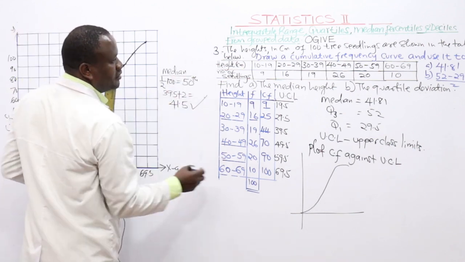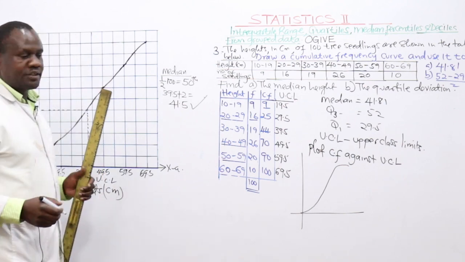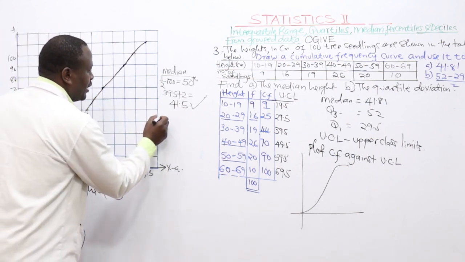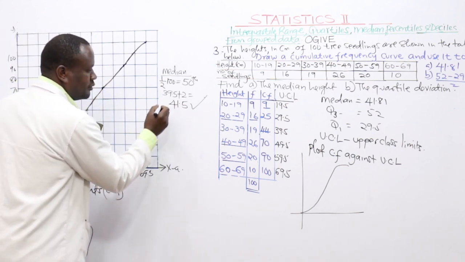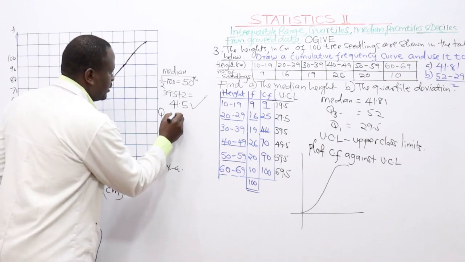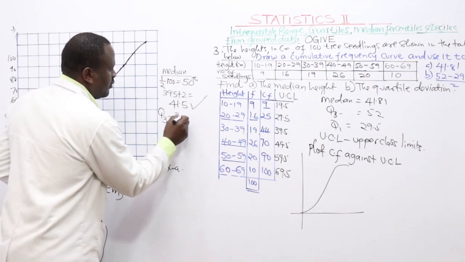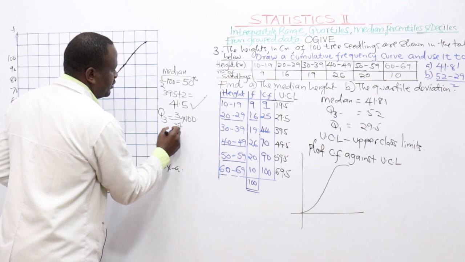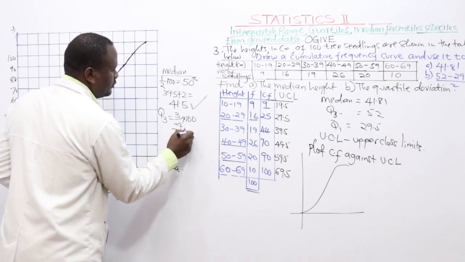Now, about the quartile deviation, we have to get the upper quartile, quartile 3. We take 3/4 of 100, which is the 75th.